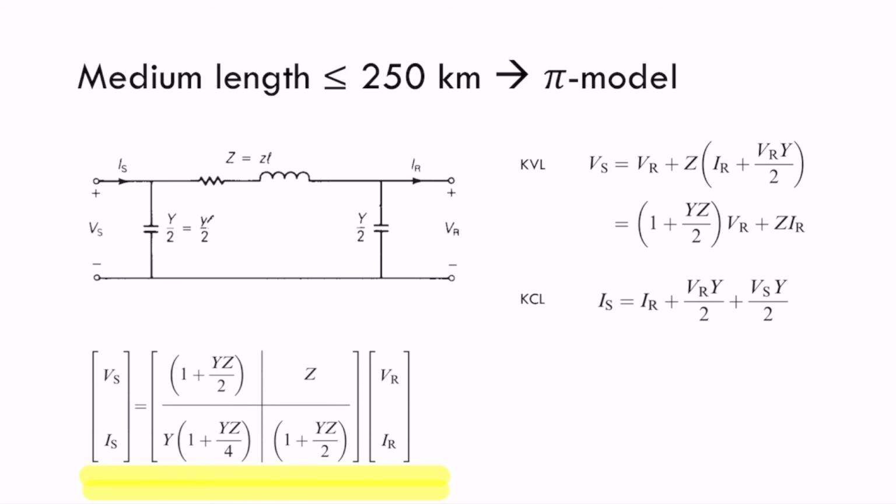So the first observation here is, if we don't have these shunt elements, this element and this element, and by the way, I forgot to tell you, when we are using this pi model, we are using symmetric shunt elements. This is why sometimes you see Y divided by 2, because Y should be representing the total admittance of this shunt element.